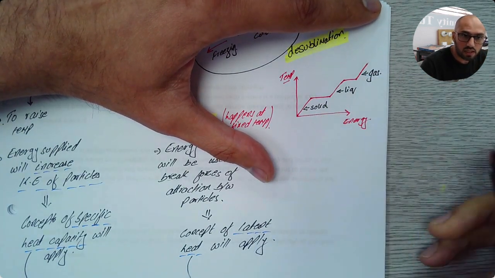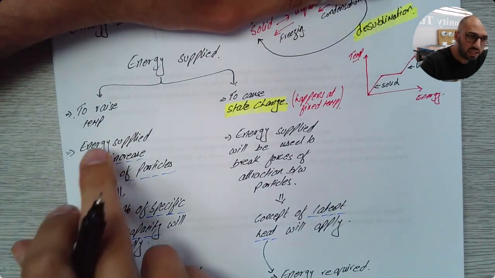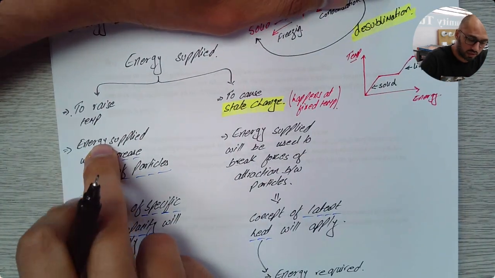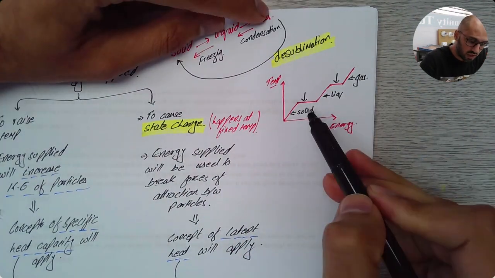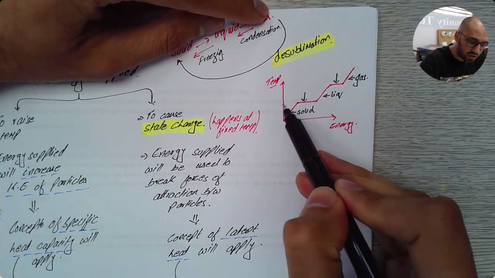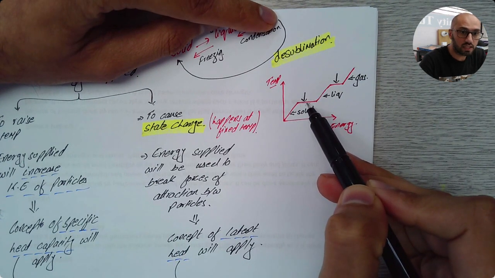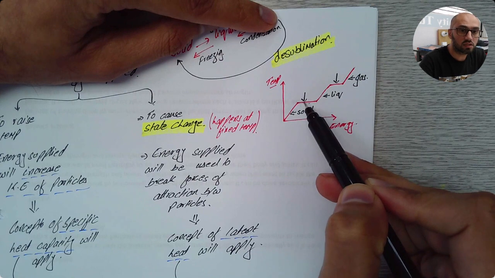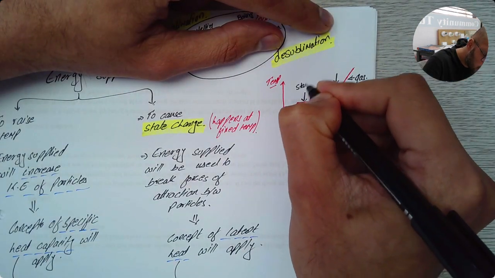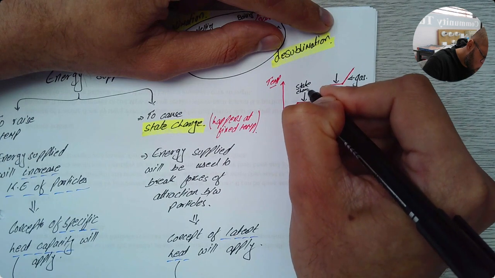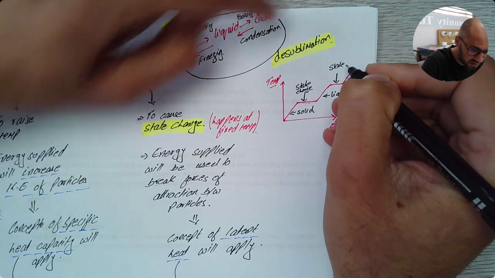For these three locations, the concept of specific heat capacity will apply. Why? Because the temperature is being increased. For these two sections, the temperature is constant, and that indicates a state change is taking place. When state change takes place, that's the concept of latent heat. I can say here, this is a state change. I'm not writing the names here for the state changes. We'll have to link that information with that.